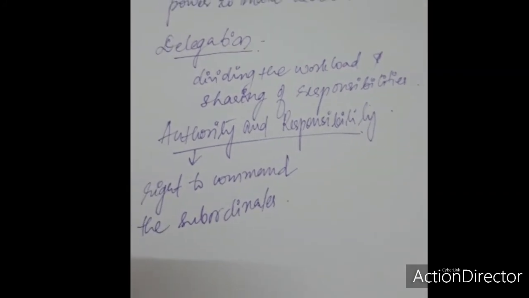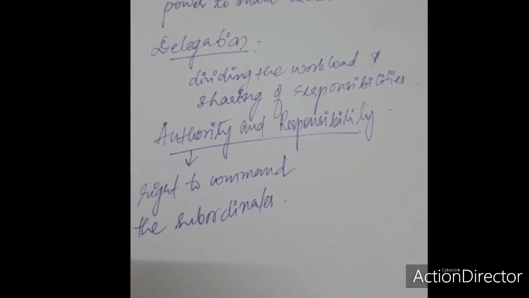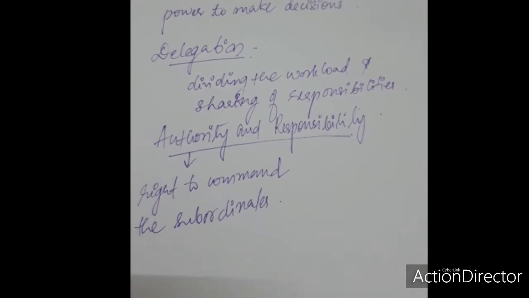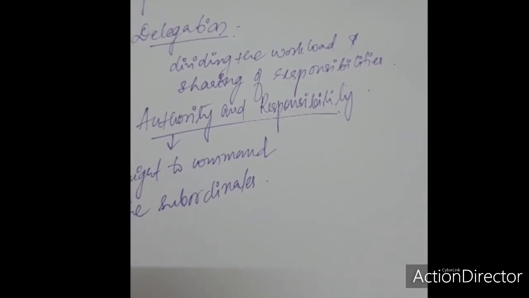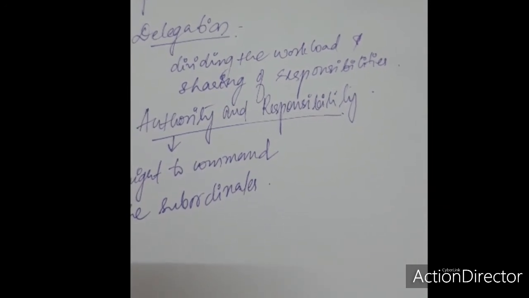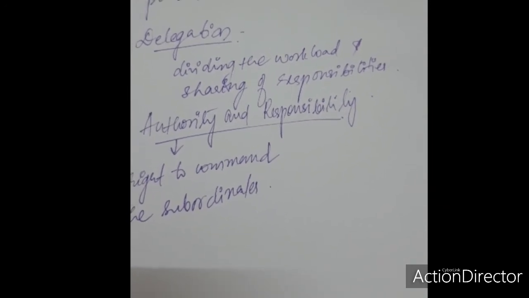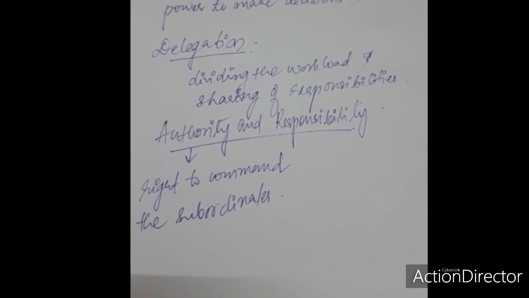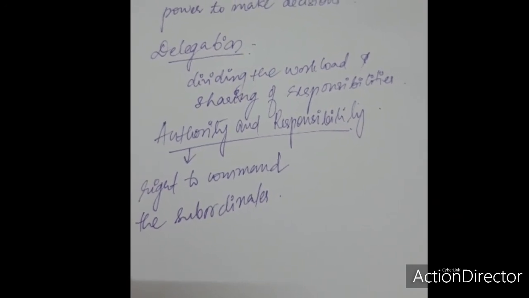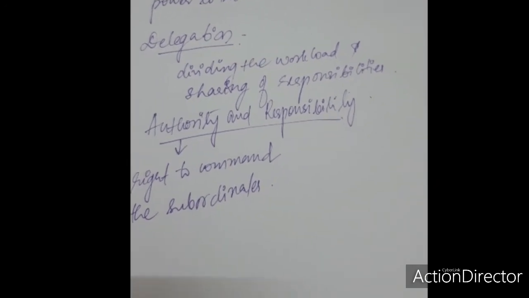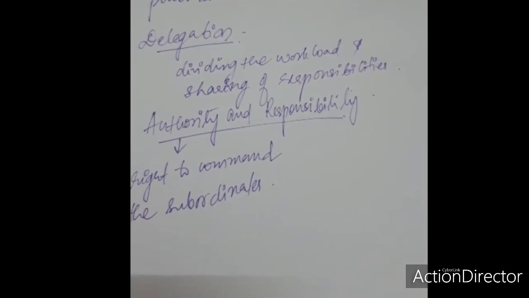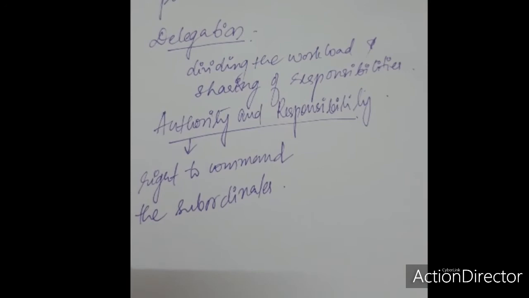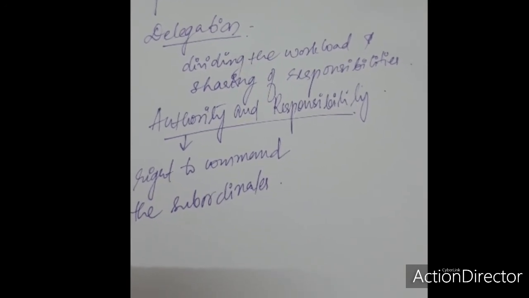So he has an additional task. It is the responsibility of the subordinates to complete the work in the given time span, so that the managers will not have any problem with it. So that is authority and responsibility. Both should go hand in hand.